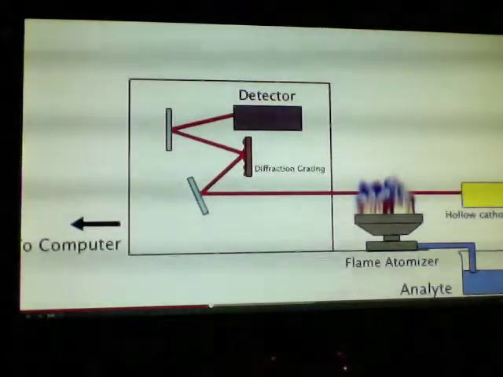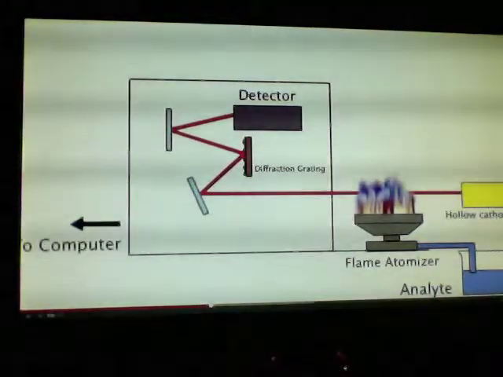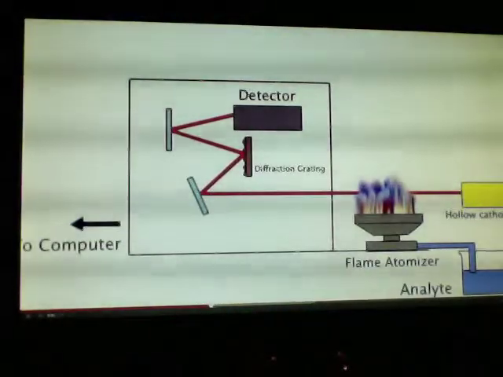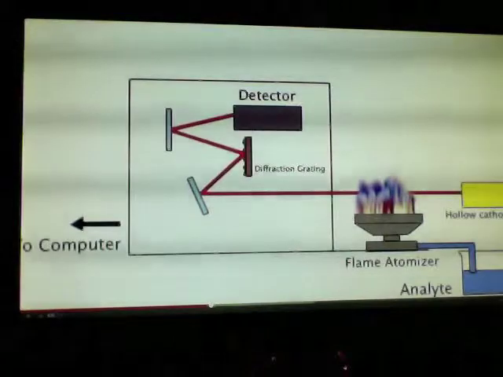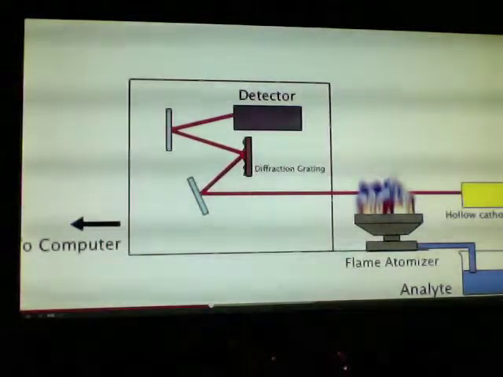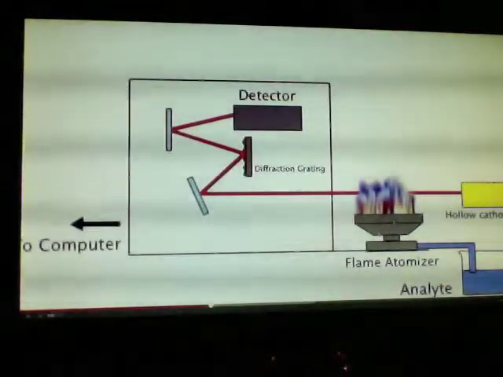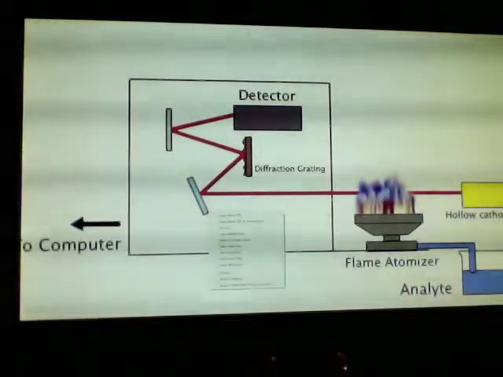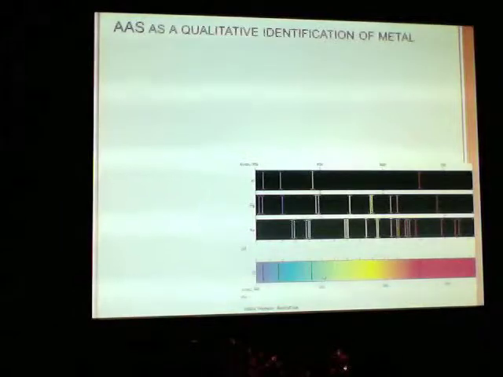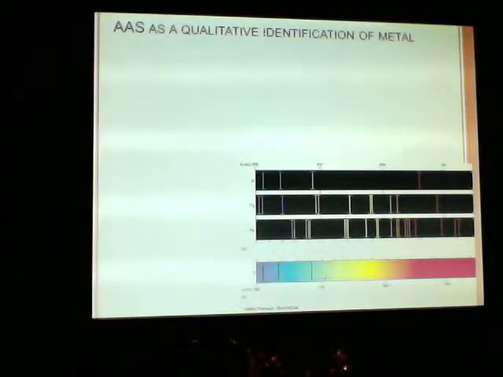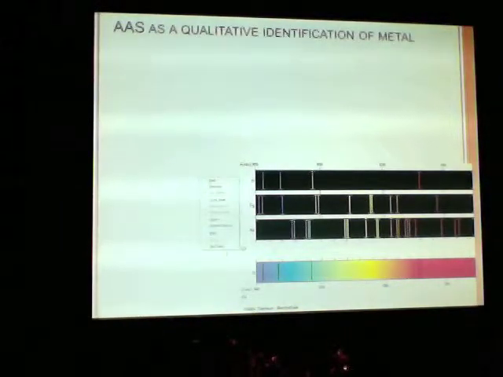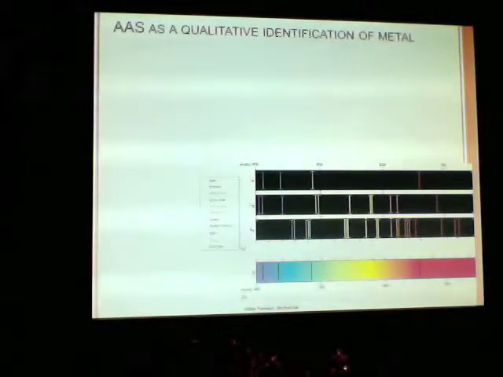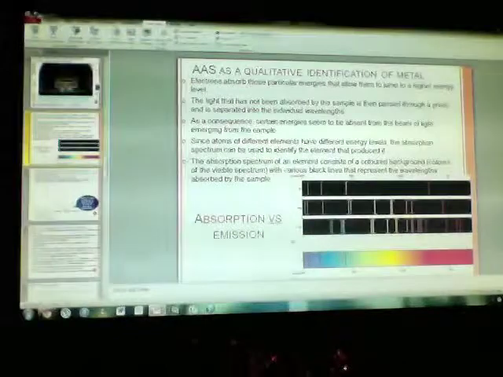Okay, so if our sample's copper, it'll absorb the same light as copper releases, and copper releases green light, so we'll absorb green light at the wavelength that green light is. Green light is at about 500 nanometers. So we could say our copper will absorb at 500 nanometers and we expect to have a gap here. Okay?